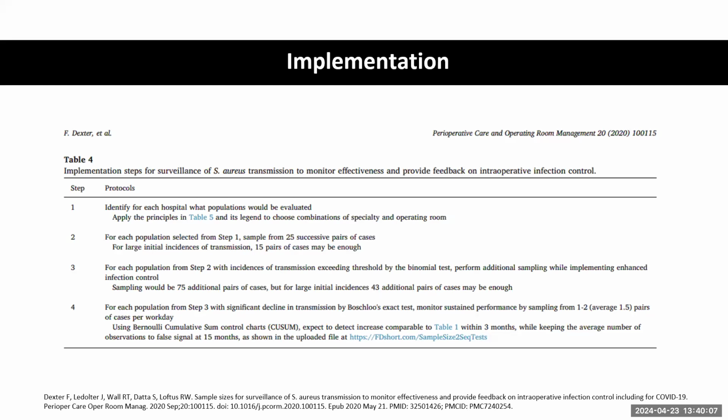You either know or you want help knowing. And what we can do is work with Dr. Dexter through the University of Iowa. He can work with de-identified data very quickly and identify operating room specialty combinations that will show you areas where you have the greatest number of infections such that you can get your greatest return on investment. So you either know or you ask for help from us.